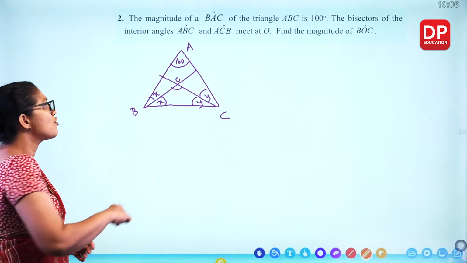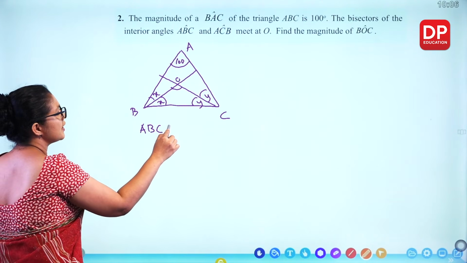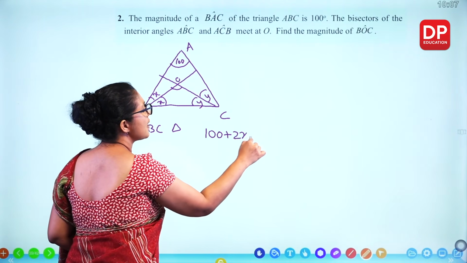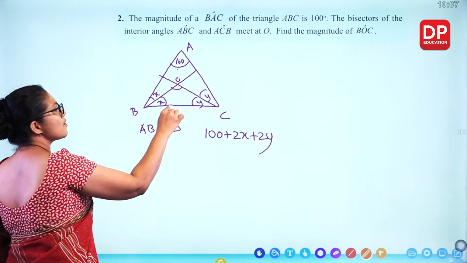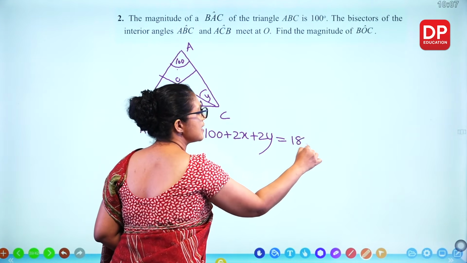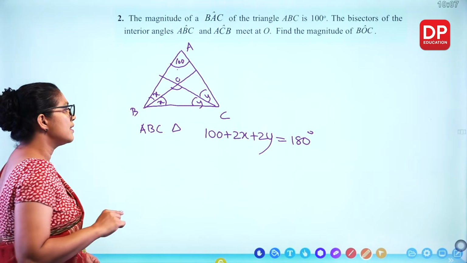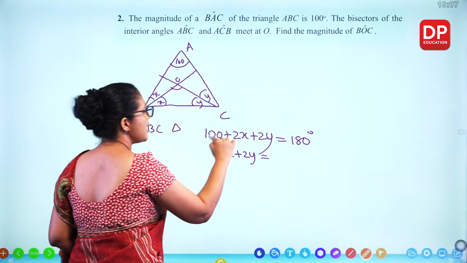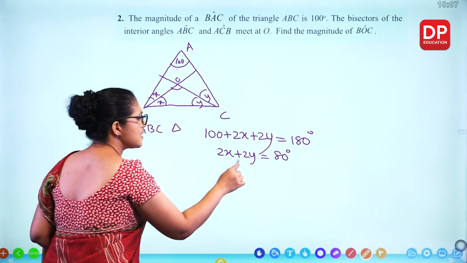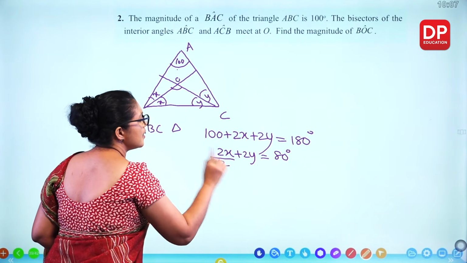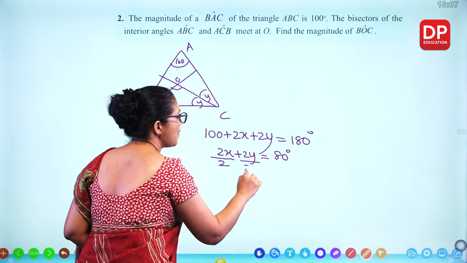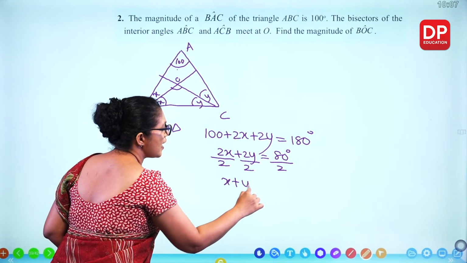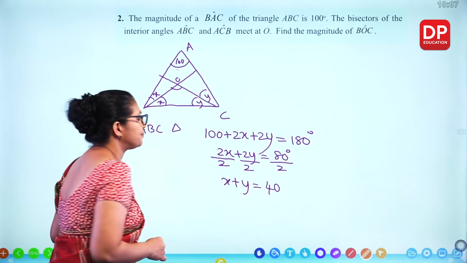When you take ABC triangle, what can I write? 100 plus 2x plus 2y. This whole angle and this whole angle is 180. That's the sum of angles in a triangle. Now take 100 to the other side. 2x plus 2y equals 180 minus 100, you get 80. So what is x plus y? I can get x plus y by dividing the whole equation by 2. So I get x plus y is equal to 40.